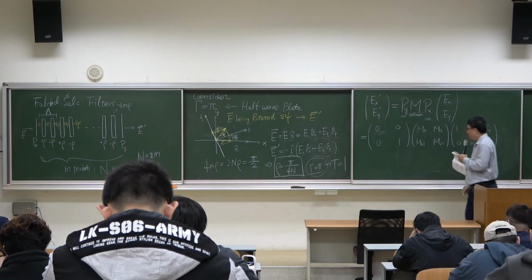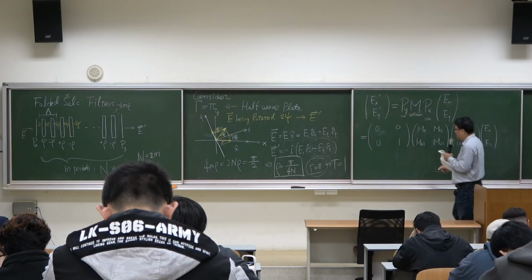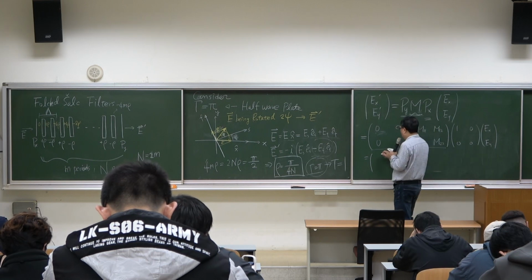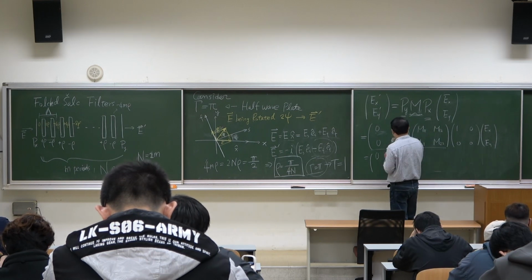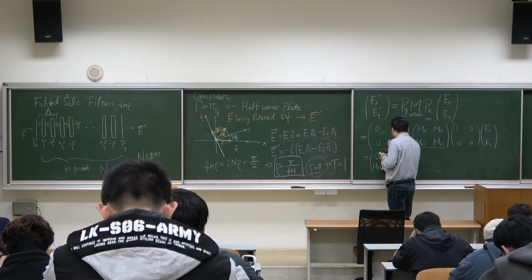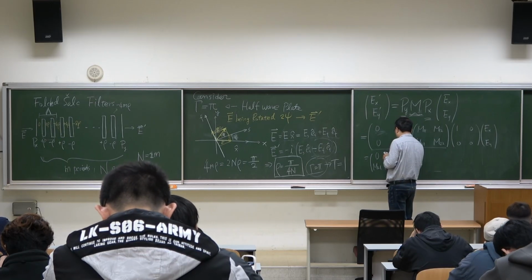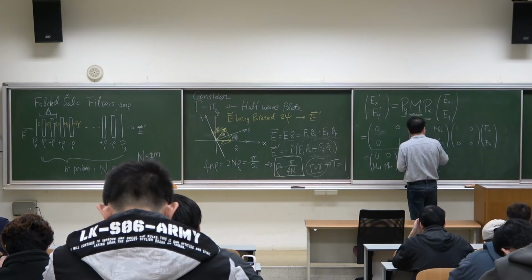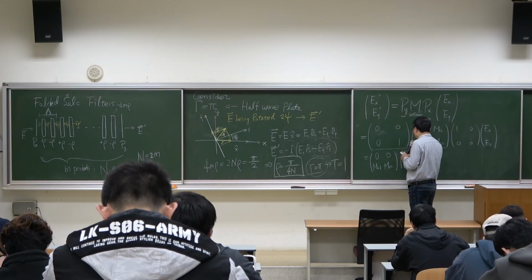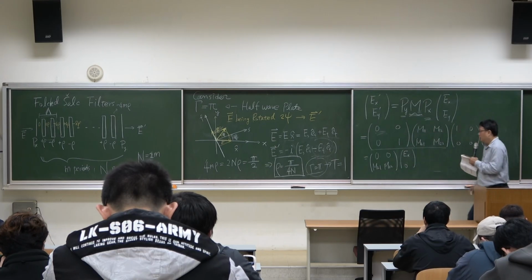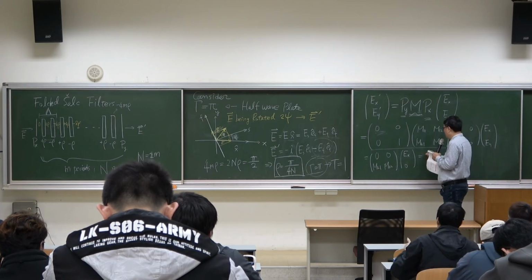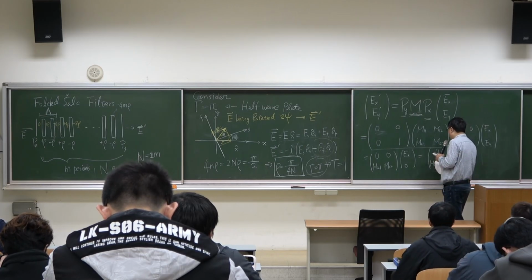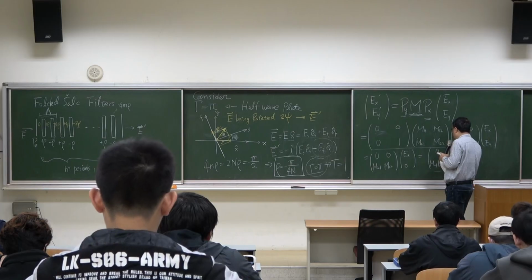Then the result is this times this, 0, 0, M21 and M22, and this times this gives us Ex, 0. So the result is 0, M21 Ex.